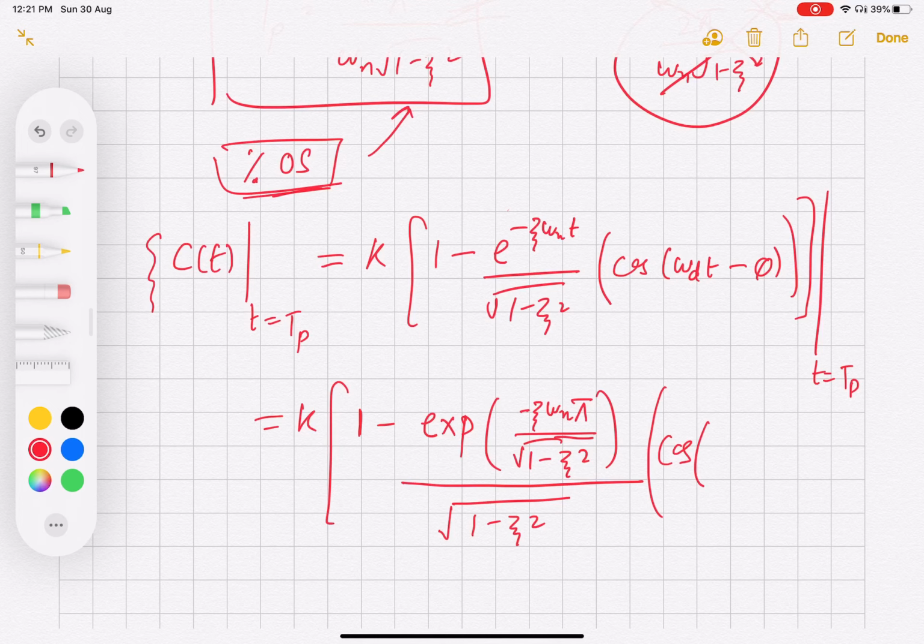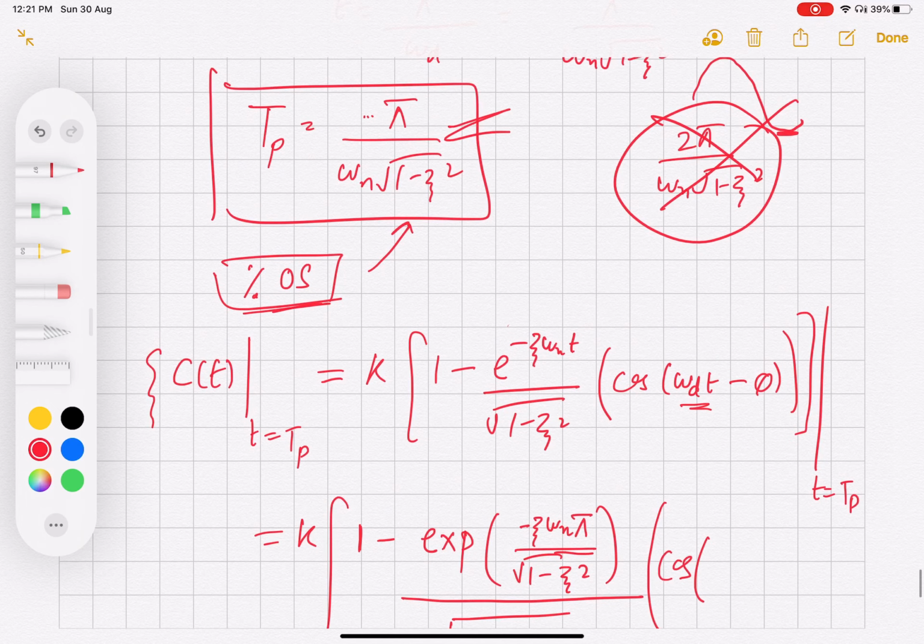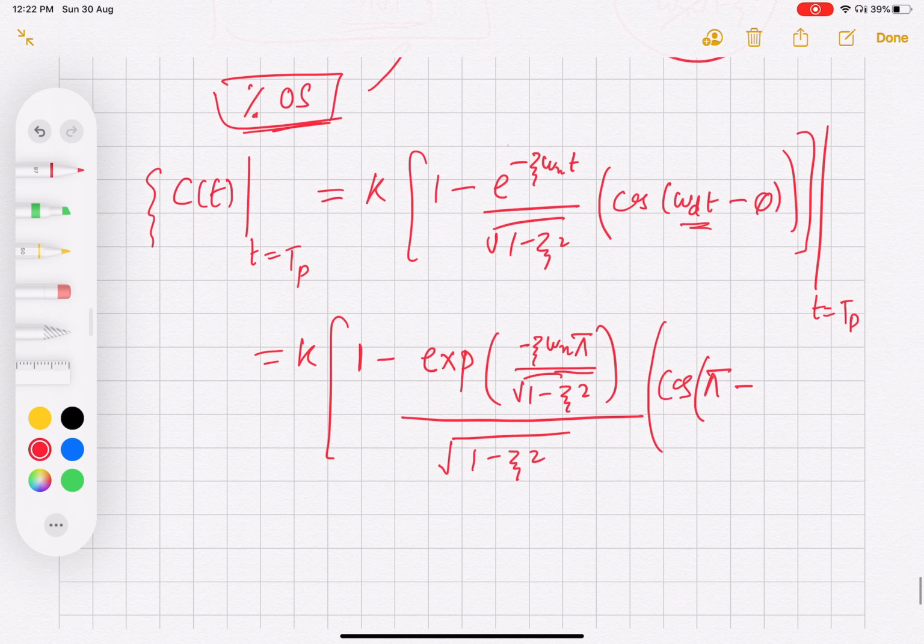Now omega d into TP, because omega d is here in the denominator, will give me pi. So this gives me pi minus phi, and this phi is tan inverse of zeta upon under root of 1 minus zeta square, right?